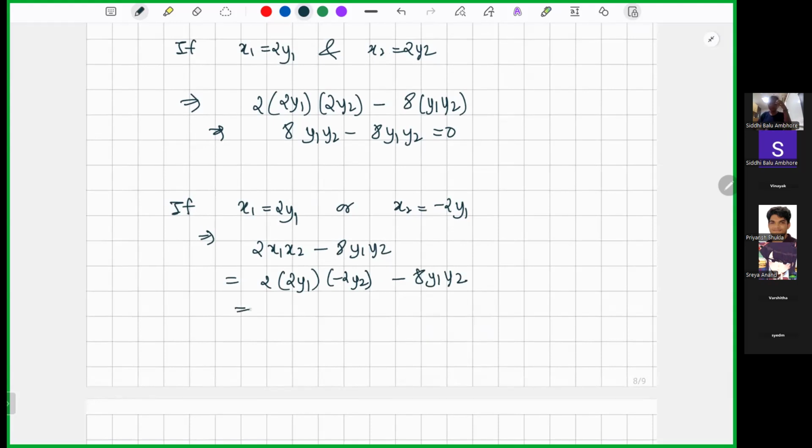In that case, it is what? This is 8 y1 y2 minus 8 y1 y2, and is this 0? No, right? But this needs to be 0.